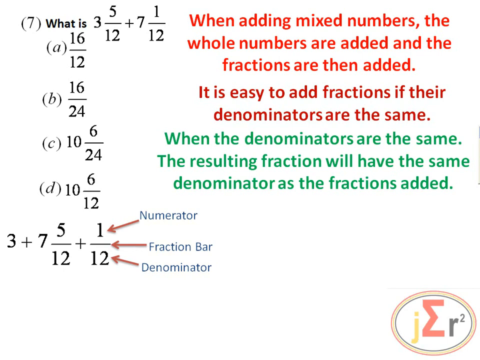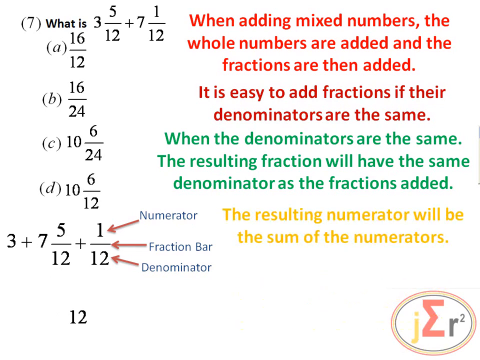So let us put the denominator down. It will be the same denominator as the fractions that we are adding. And the resulting numerator will be the sum of the numerators.